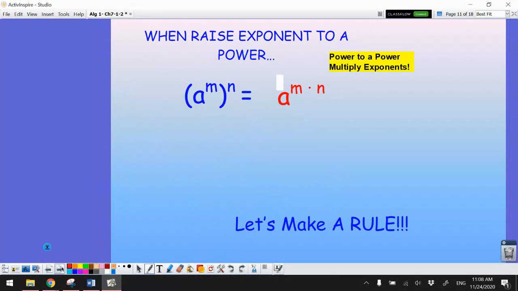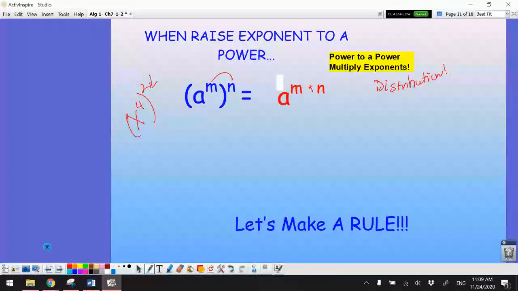Okay, so our rule is when we have a power, a monomial like x to the fourth, and we're going to raise it to a power, like x to the fourth raised to the second power. Anytime I see a power on the outside of the parenthesis, that tells me that I'm really looking at a type of distribution.